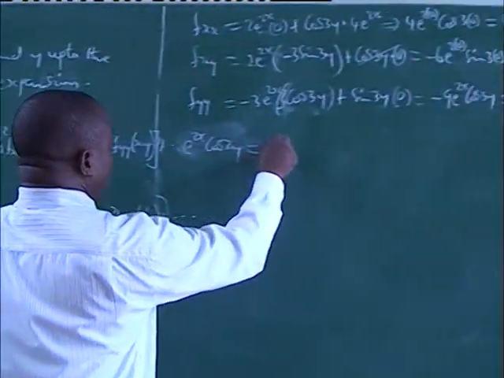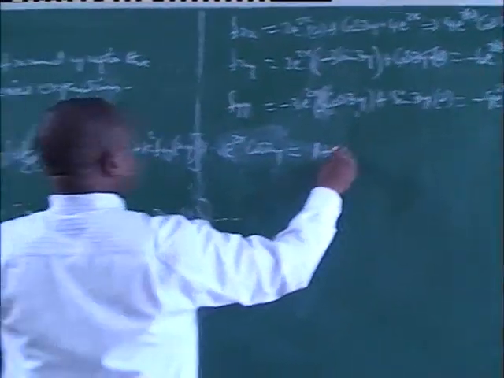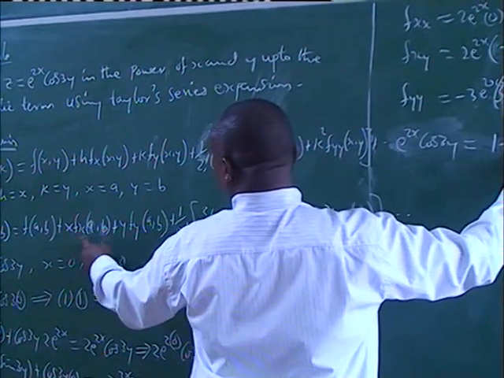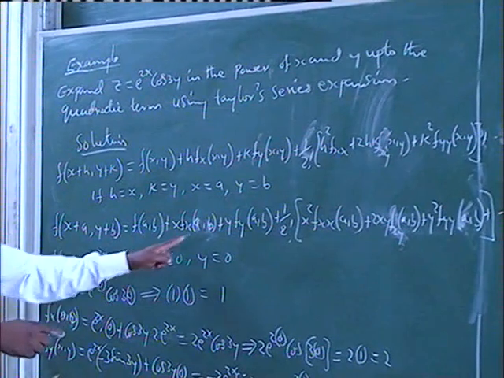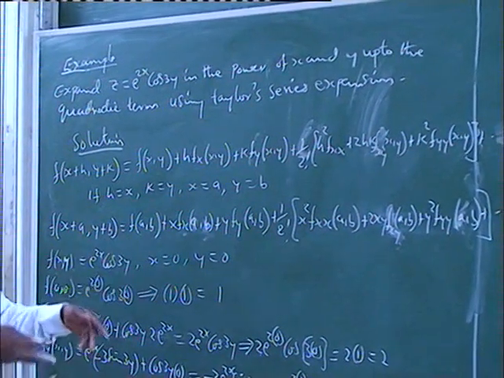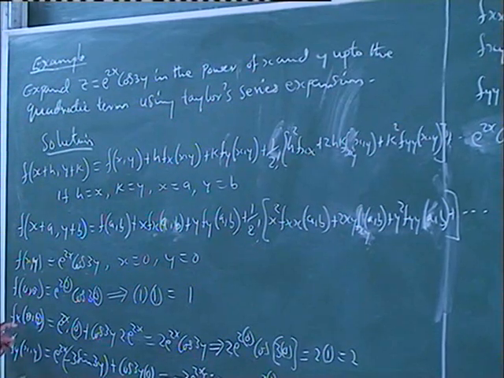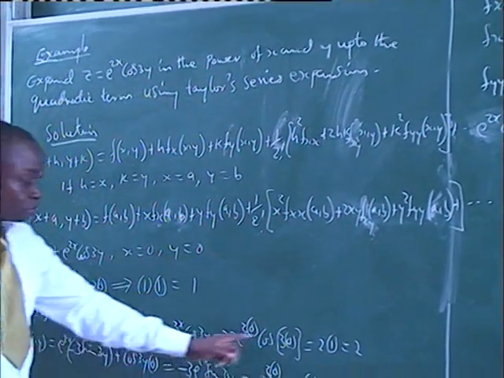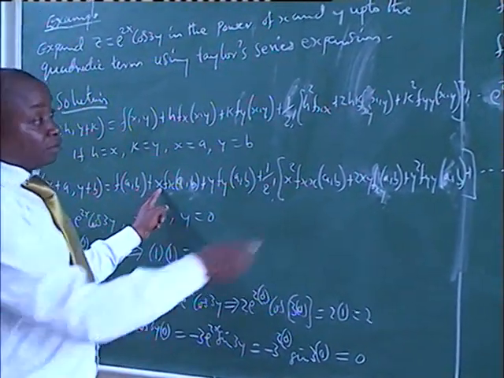Now f of AB was basically 1. Right, so we first have 1 plus, we come here, you have x times partial f partial x at the point AB, which in this context is 0 and 0 for x and y. Now see that, it gives us 2. Okay, so we should not forget this x, which I have written.